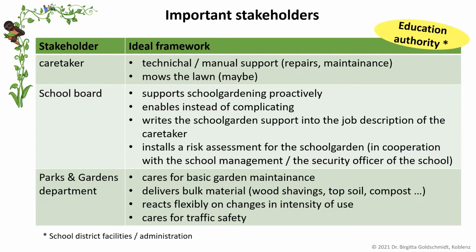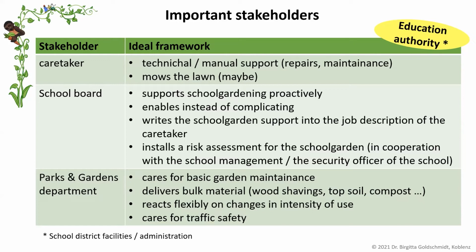And in the first place, I've put the caretaker. The caretaker is the one who can guarantee a good run of a school garden, but who can also inhibit the good run of a school garden.